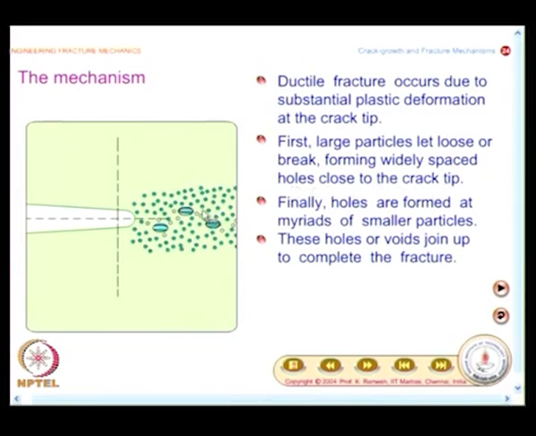In fact, you could look at the animation simultaneously, but you would also spend time looking at the animation exclusively later. Now, let us look at the steps. After the large particles let loose or break, holes are formed at myriads of smaller particles, and what happens is, these holes or voids join up to complete the fracture.